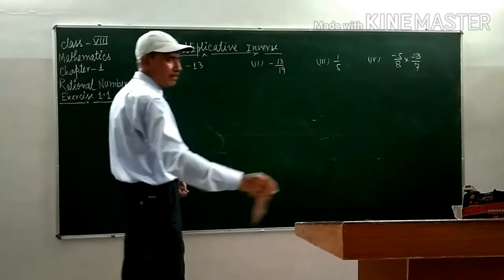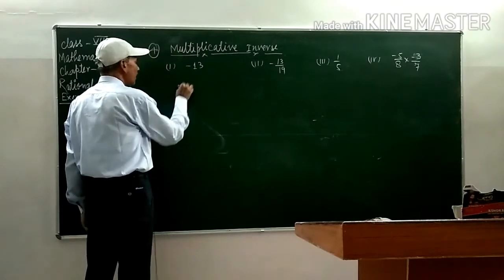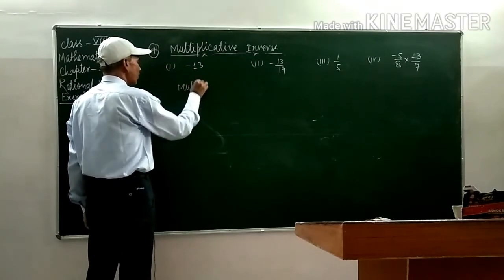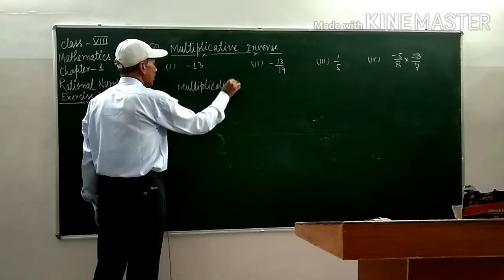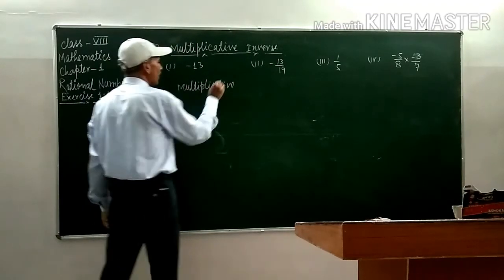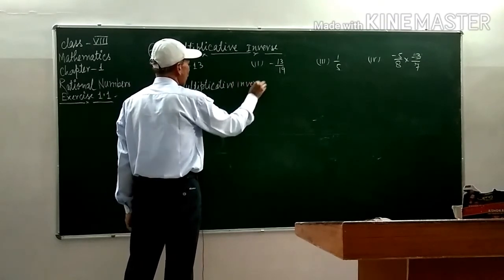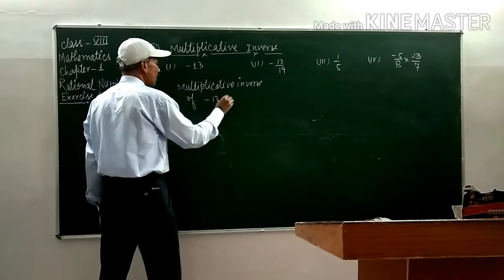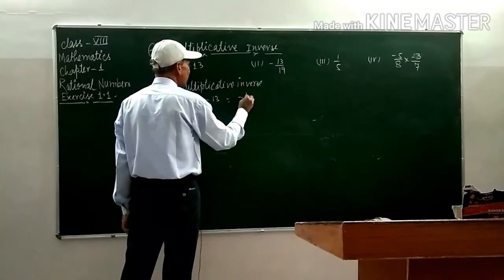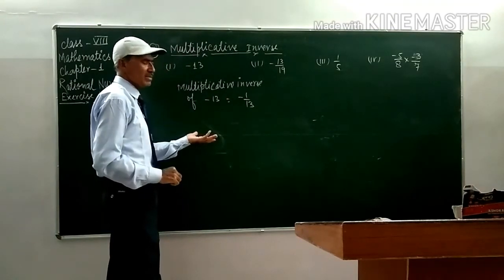So what will be the multiplicative inverse? The reciprocal of this number. The multiplicative inverse of minus 13 is equal to minus 1 by 13. Clear student? Or 1 by minus 13.